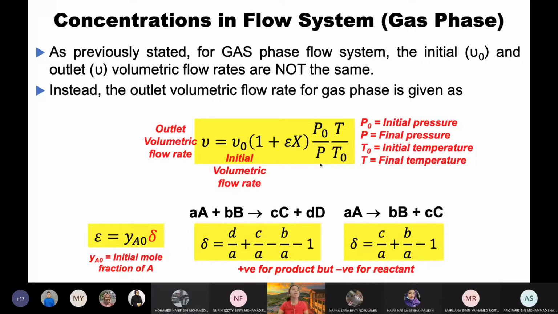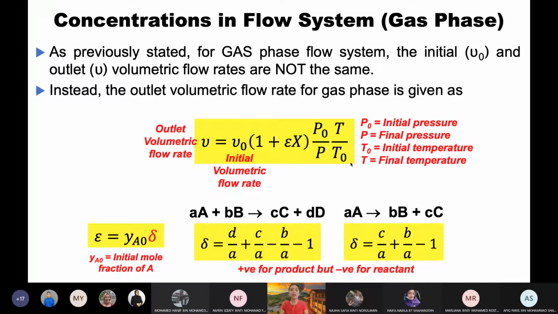Okay, next. T per T naught. You see it's the opposite of P naught per P, T per T naught. So what's the difference? T is your outlet temperature, T naught is your initial temperature. So if your reaction has a temperature change, regardless of whether the temperature rises or drops, because of exothermic or endothermic, you also have to include it in the equation.